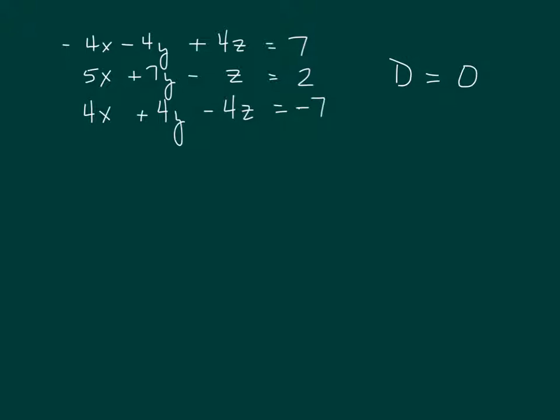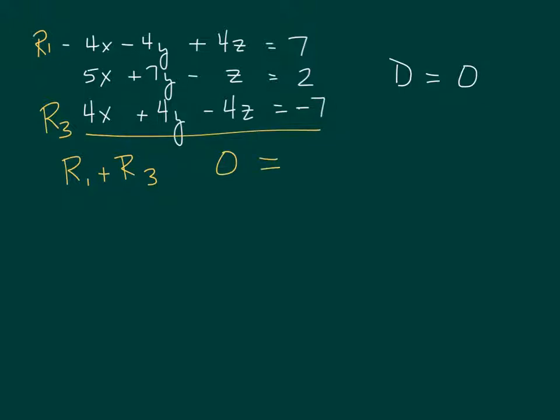So what we need to do instead is another method, and I chose to use elimination method here. So notice that if we add row 1 and row 3 together, we will get 0x, 0y, 0z equals 0.